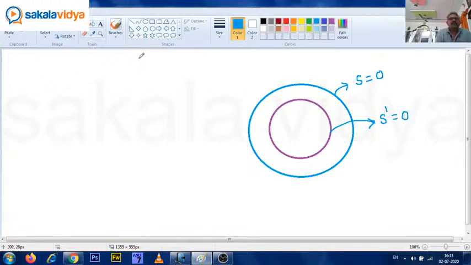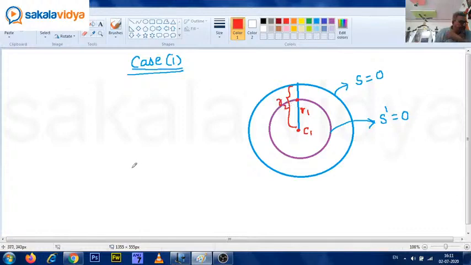Now say this is case 1. Here in case 1, if you observe, this is the center C1, this is radius R1, and this radius is R2.